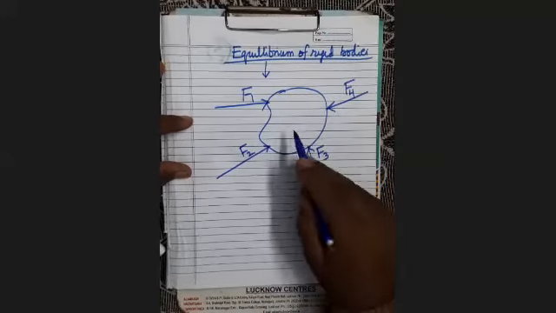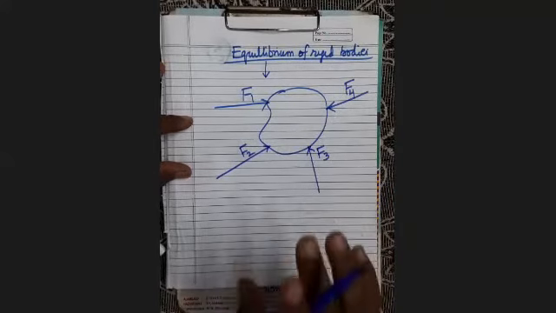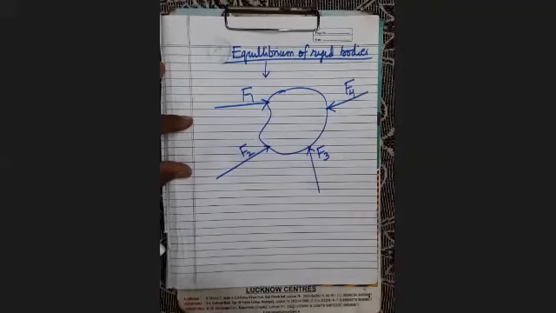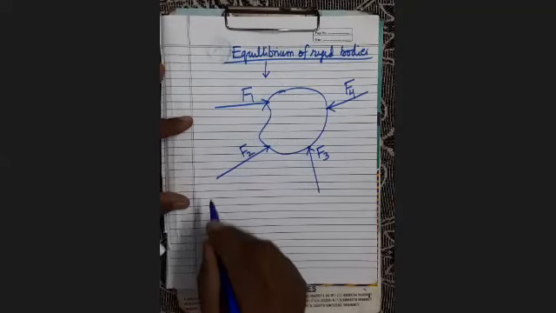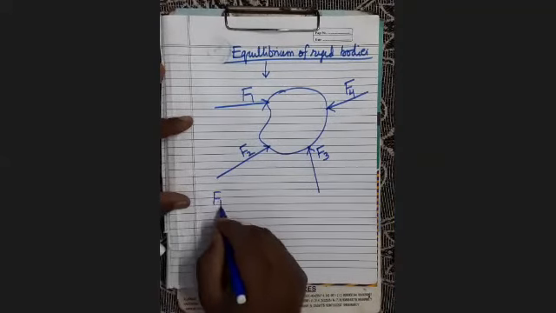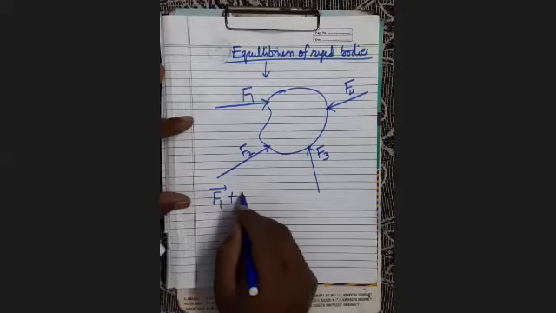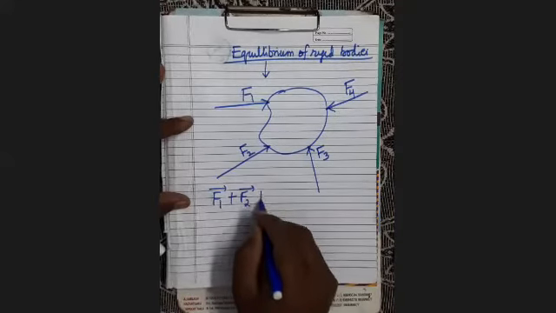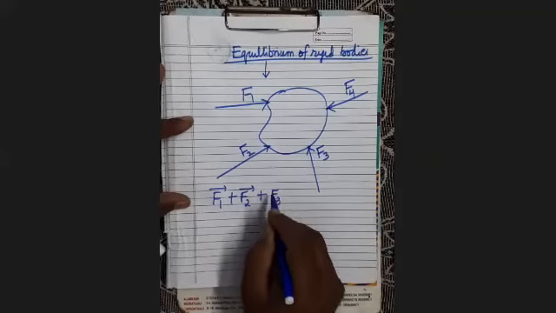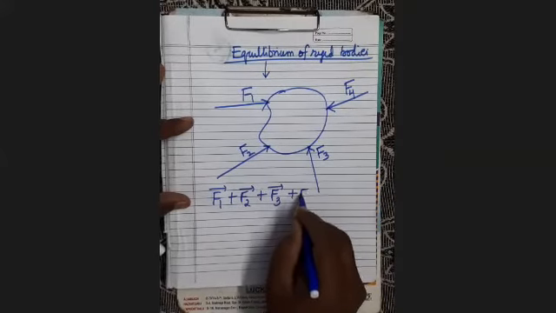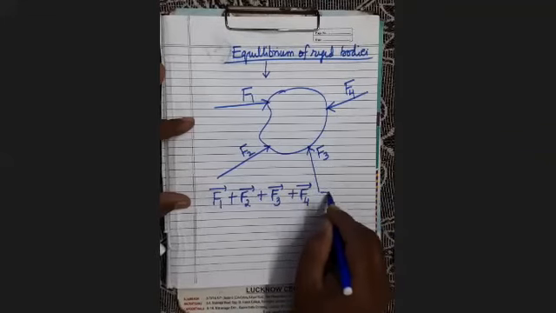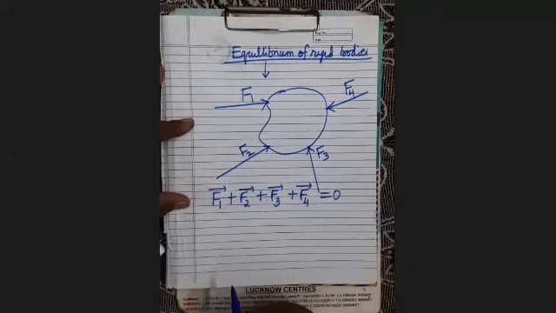Under the influence of those forces, it is still at rest. Forces are acting, but it is still at rest. It means the resultant of these forces will be zero. And when you find the resultant, as you know that force is a vector quantity, it will be equal to zero. It's clear?